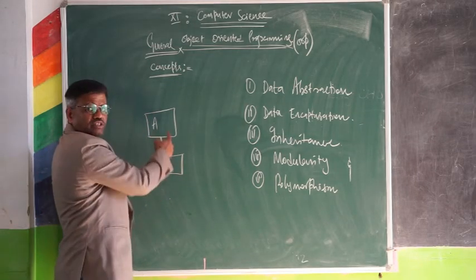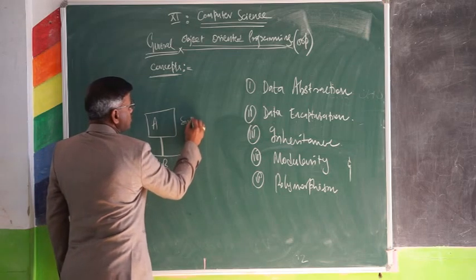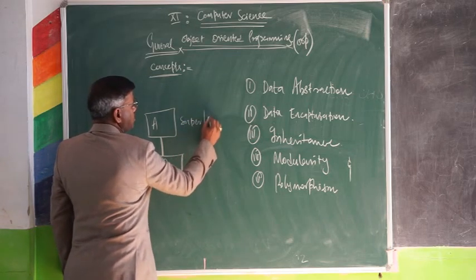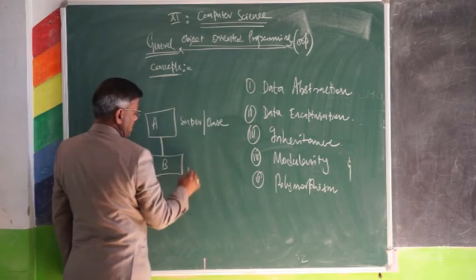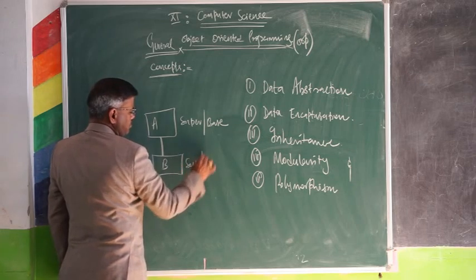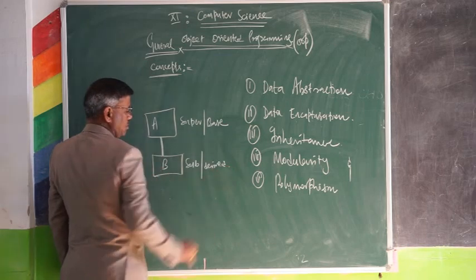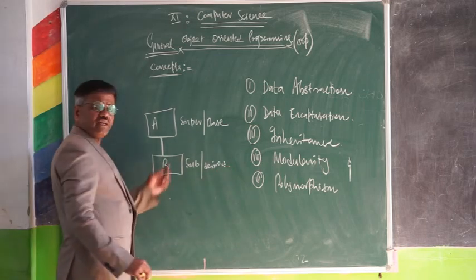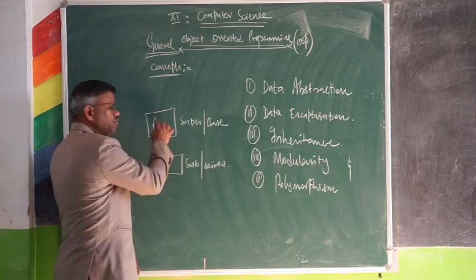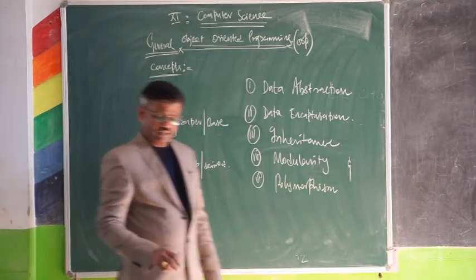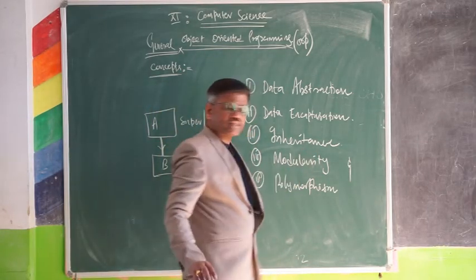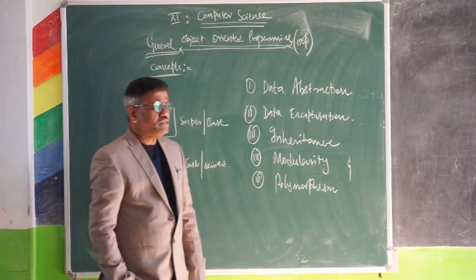The subclass takes properties from the superclass. This we call a superclass, or some authors may say base class. This is called a subclass or derived class. Class B receives the properties from class A. It's called inheritance.